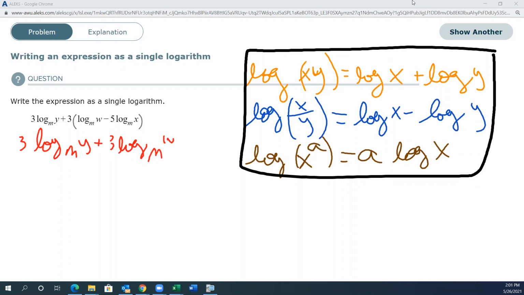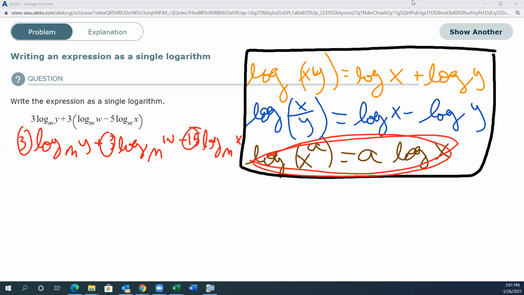So minus 15 log base m of x. Okay. All righty. Now, another thing you have to do before you start putting things back together is deal with the coefficients out front. You need to do the exponent rule first, to get the parentheses done.